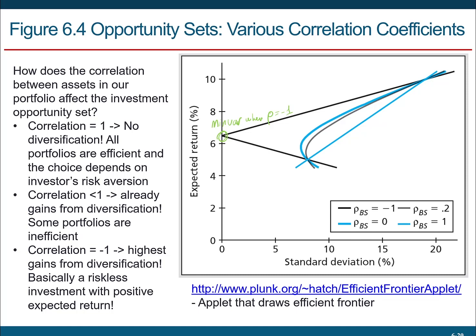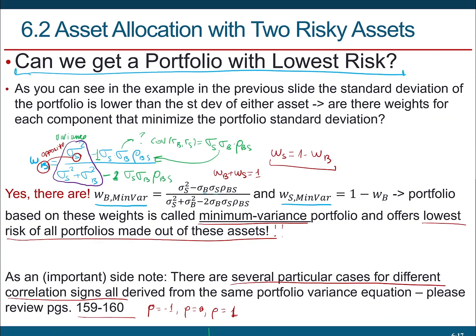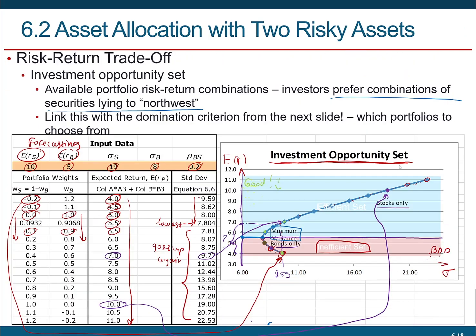So great. But the question is, hey, we're actually in this to make money. So how do we know if we make money? You can say, well, we want a portfolio with the highest return. Technically, if you go back, that's not that hard to find, because here we have the highest return.